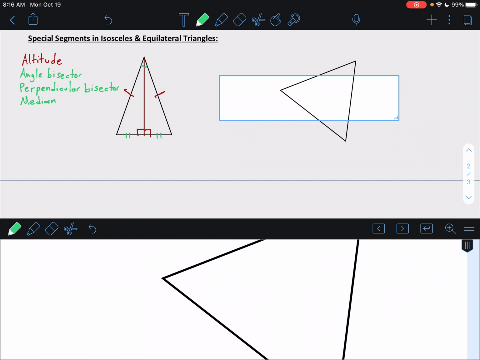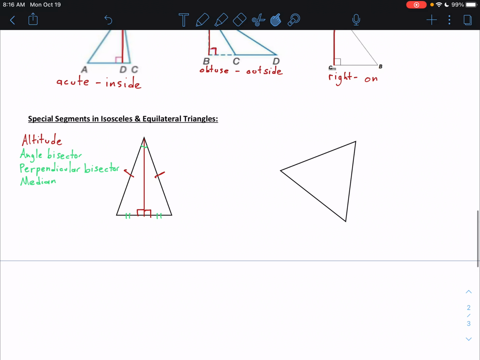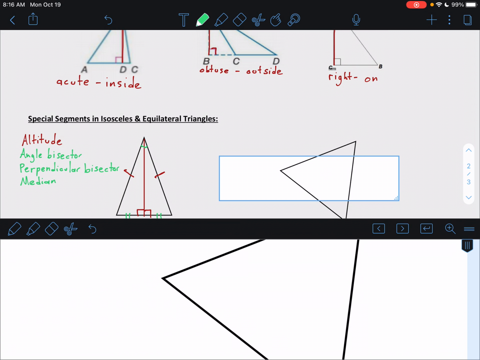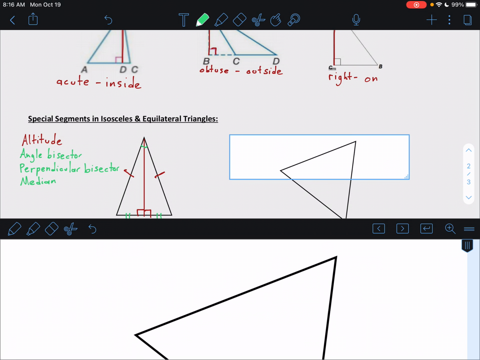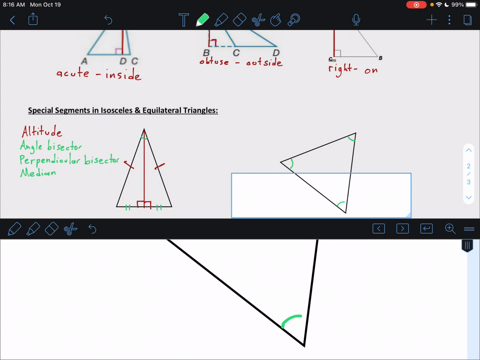And then the last thing we have is an equilateral triangle. With an equilateral triangle, we know that all 3 sides and all 3 angles are going to be congruent.